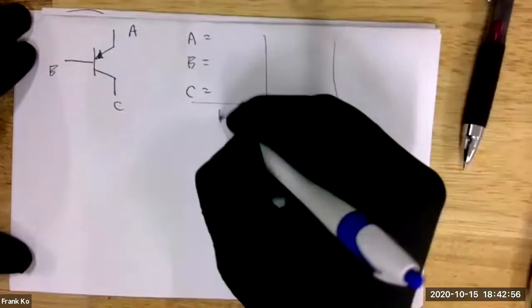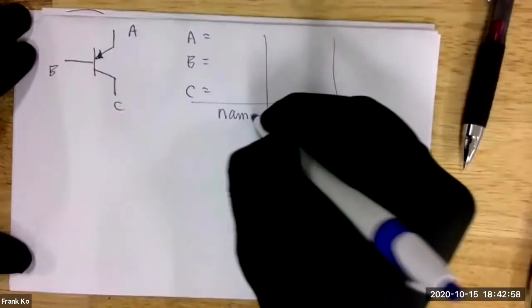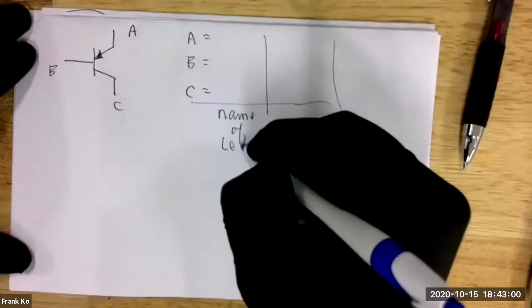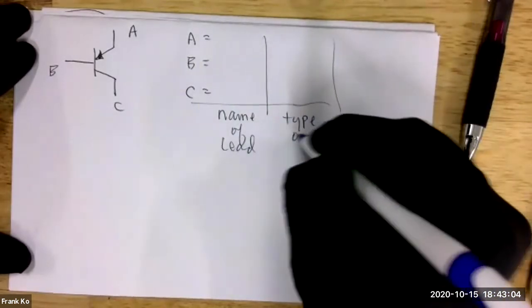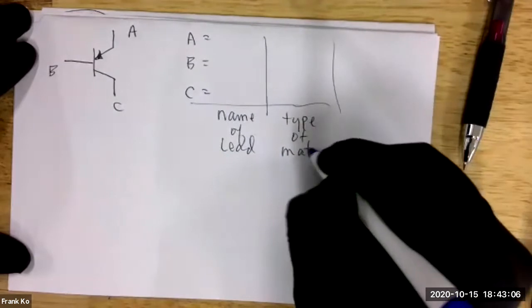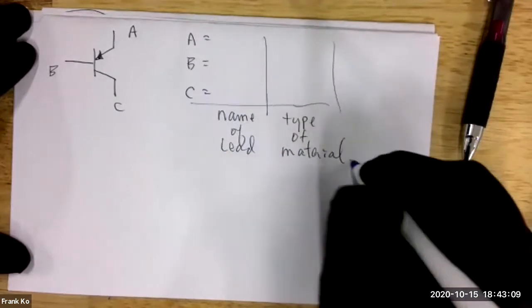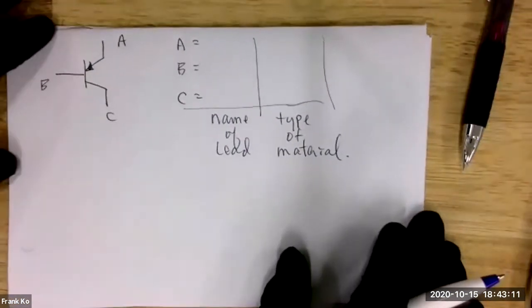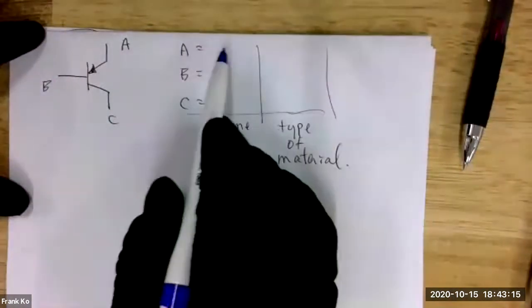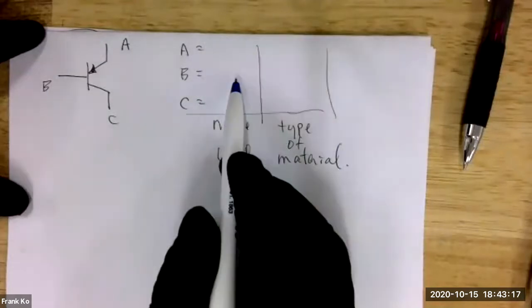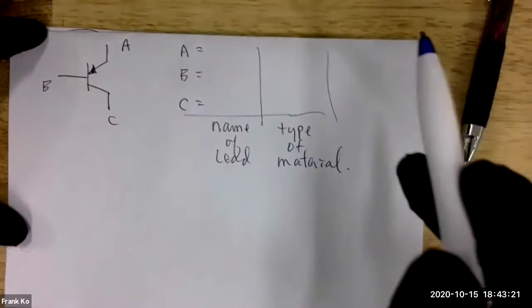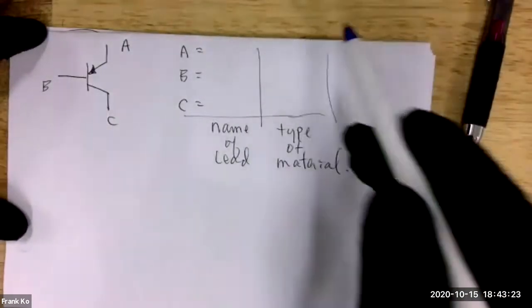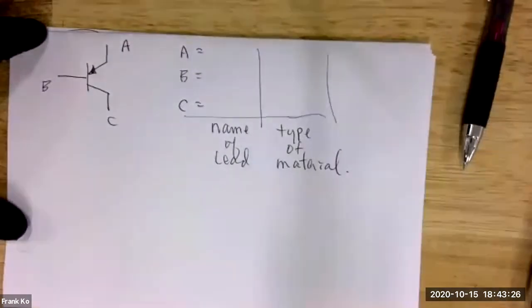I'm looking for the name of lead, and I'm looking for type of material. So given this illustration, I'm looking for 6 answers. A is what name of the lead, B is what name of the lead, C is what name of the lead, type of material for A, type of material for B, type of material for C.